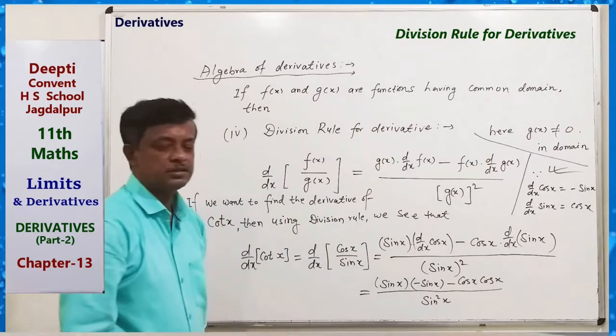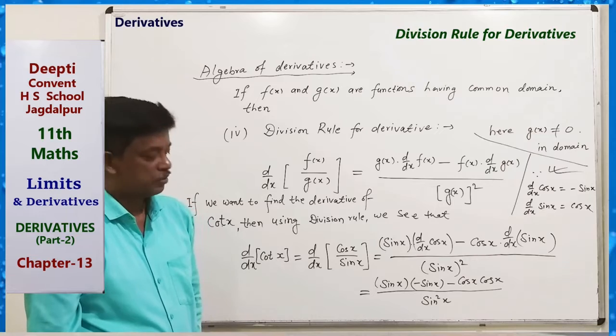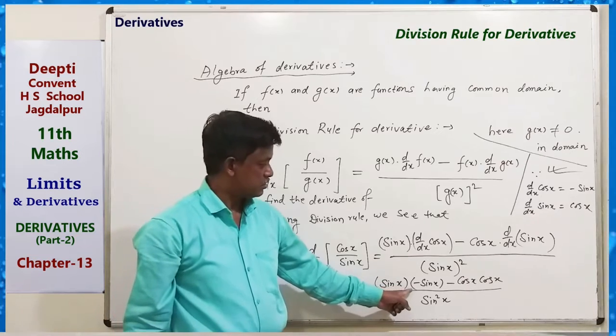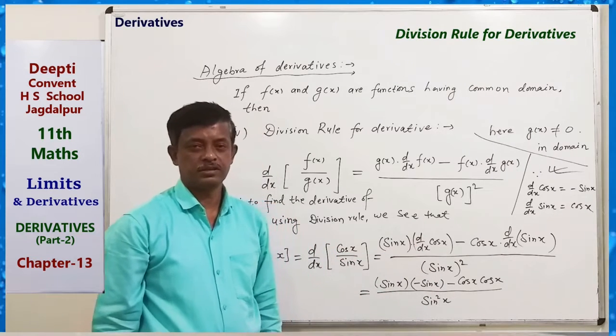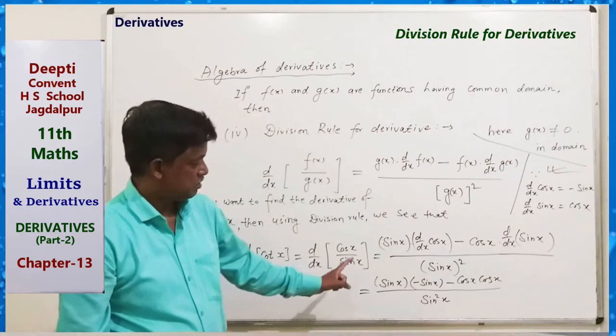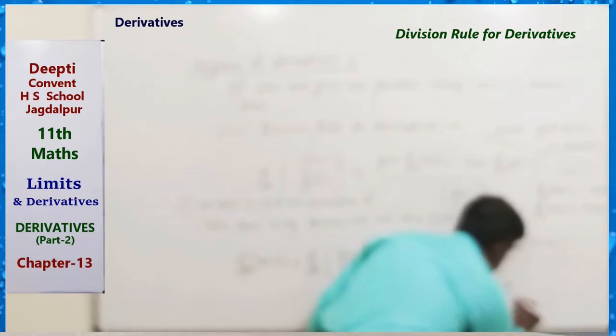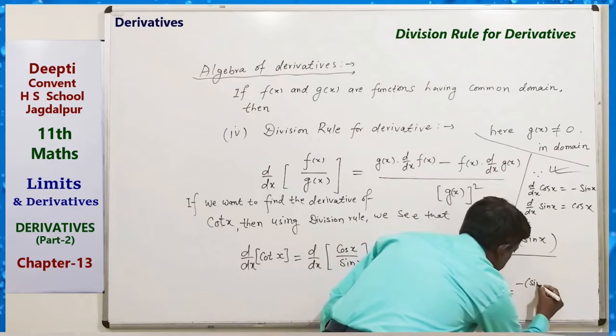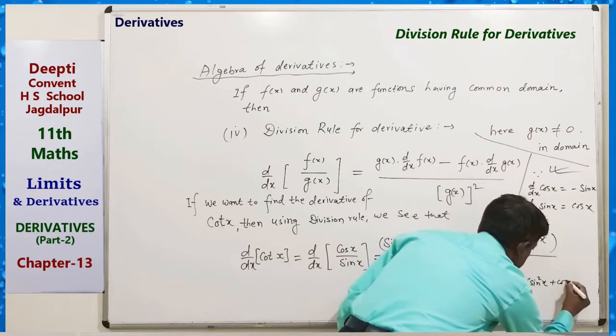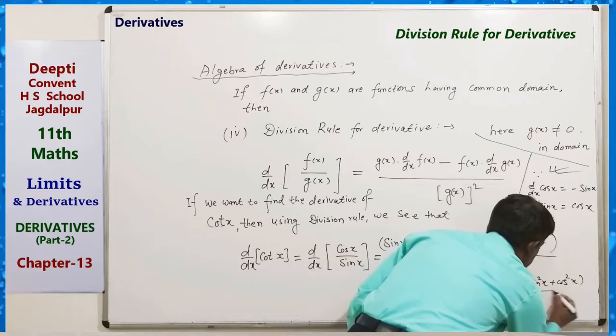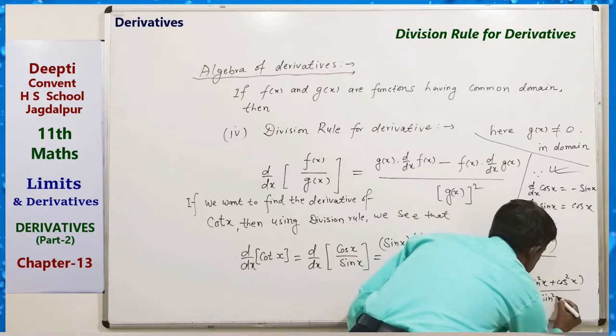Now we get minus sin square x minus cos square x. Taking minus common, that is minus, sin square x plus cos square x upon sin square x.